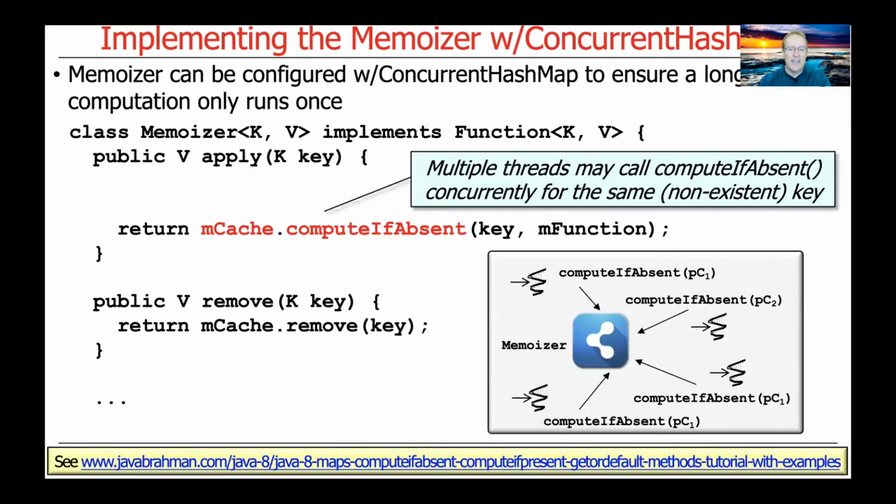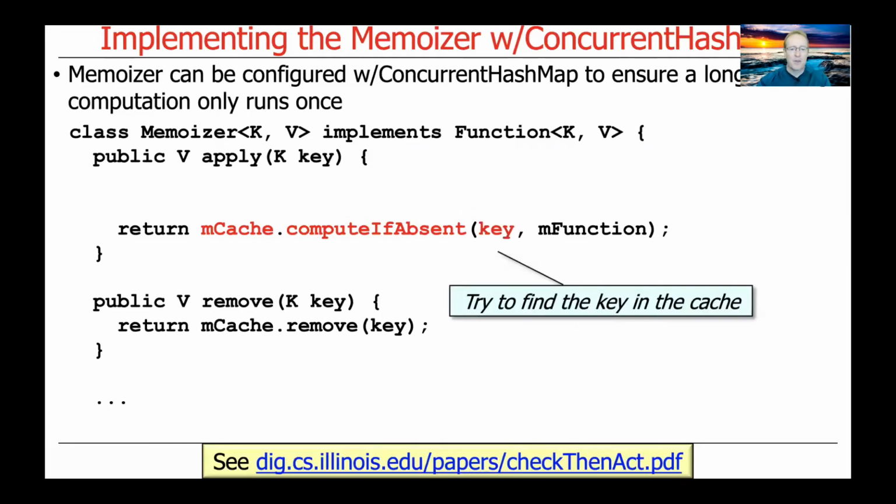What's cool about the computeIfAbsent method is even if multiple threads simultaneously call computeIfAbsent concurrently for the same non-existent key, only one of them will perform the function call, and all the other ones will just wait until the function call is completed. So what we do is we call computeIfAbsent, passing the key in. Remember, the key in this case is going to be some prime number candidate.